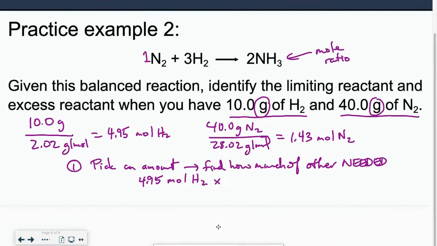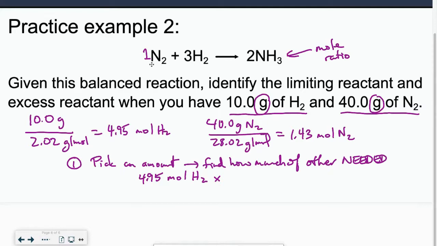I'm going to figure out how much N2 I would need in terms of moles using my mole ratio. So I would get 1 N2 for every 3 H2. And I can take 4.95 divided by 3 to get 1.65 moles of N2 needed.